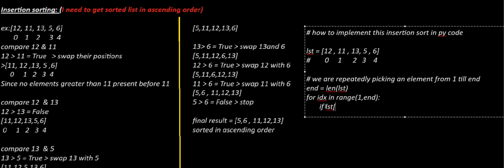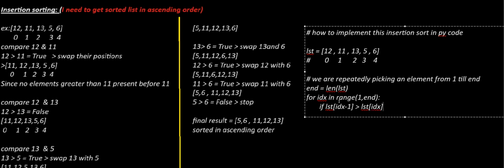List of 1 is picked first and stored in index. List of index will provide me the current index. And how do I get the previous index value? By index minus 1.